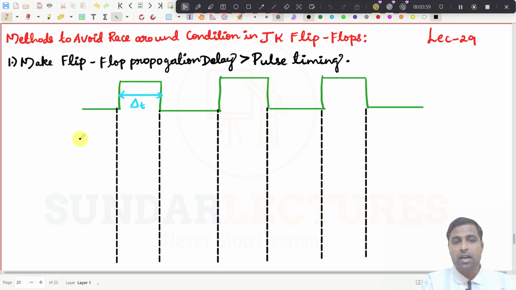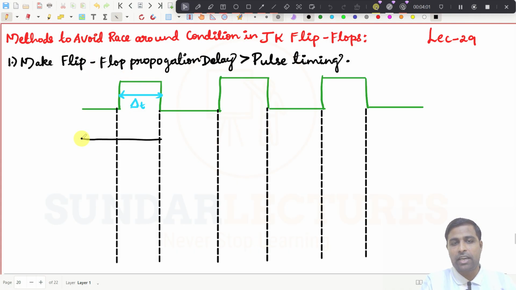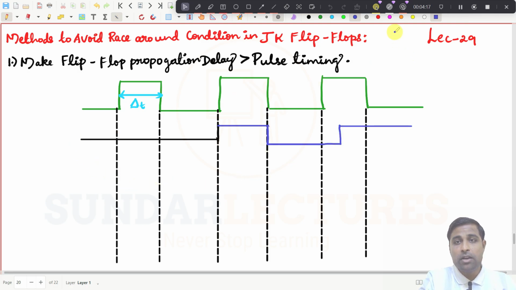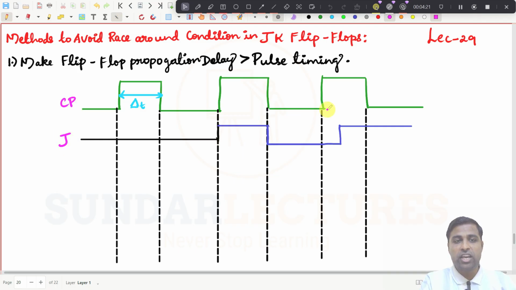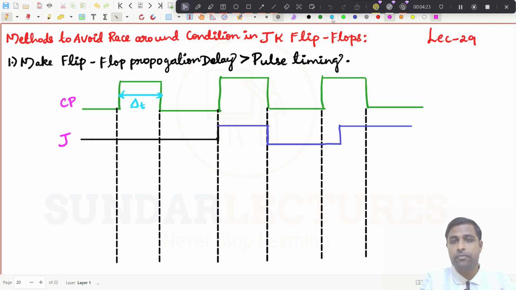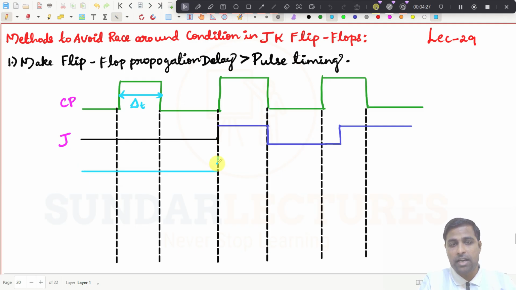I will straight away get to this point. This is my J. It can be anything, I'm not going very deep. Anyhow, this is my clock pulse, this is my J, and this is my K. K also is high at this point.